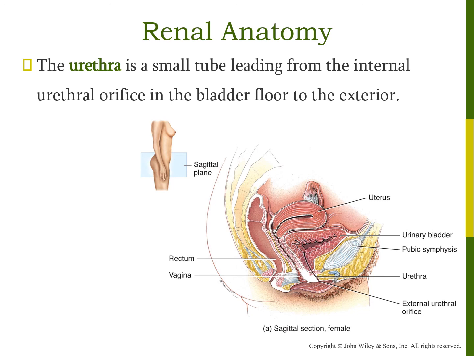In females, the urethra lies posterior to the pubic symphysis and anterior to the vagina, and is about 4 centimeters in length. The opening of the urethra is the external urethral orifice and is located between the clitoris and the vaginal opening within the vulva.